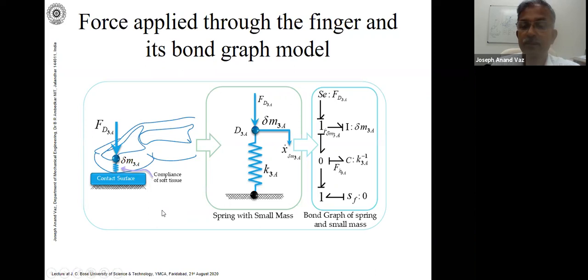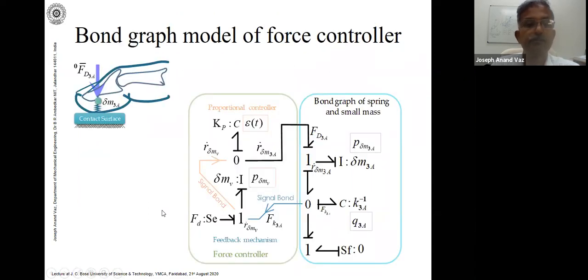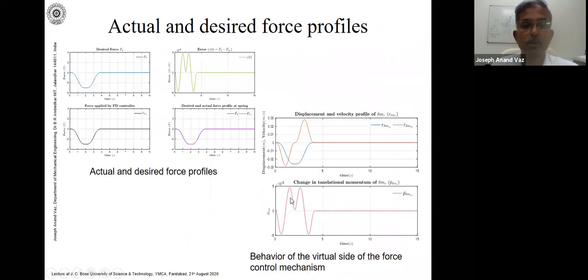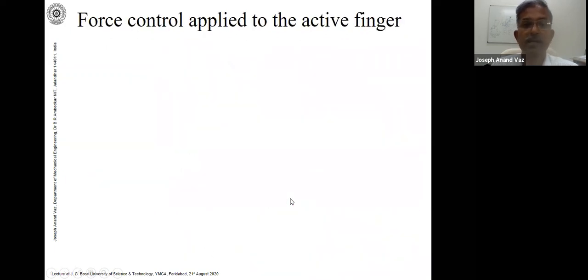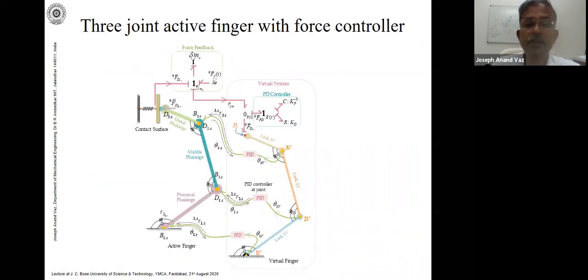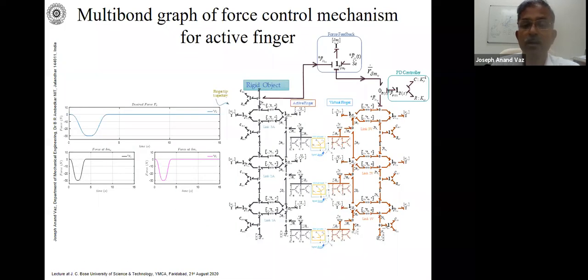We have certain devices in our system which help us to measure the forces. And when you implement this force control model, since I have less time, I'll just skim through it quickly. We are providing a force like this, which is just going to build up, then remain stationary, and then go back to zero again.